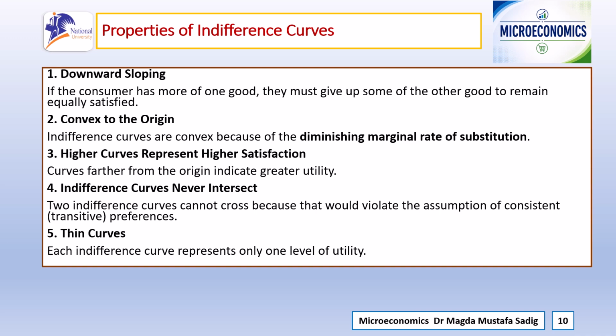Because if a consumer gives up some quantity of good Y, for satisfaction to remain unchanged, the consumer must receive more of good X. If the curve were upward sloping, it would imply that consumers receive more of both goods while remaining equally satisfied. This contradicts the assumption that more goods provide greater satisfaction. Therefore, the indifference curve must slope downward.